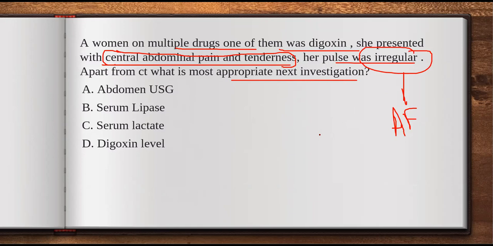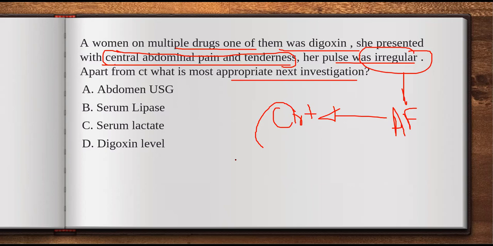Good. Mesenteric ischemia. Mesenteric ischemia is very common in patients with atrial fibrillation, because you know that atrial fibrillation patients tend to form clots, and that clot can embolize and block any artery in your body. It can block the carotid artery causing a stroke.